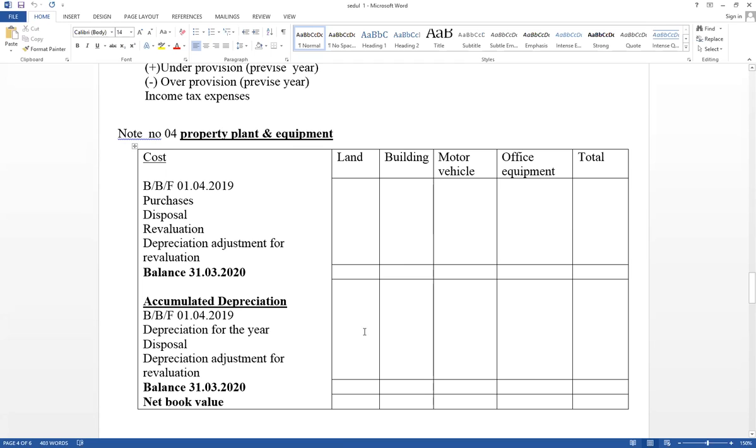Therefore, revaluation, disposal, exchange, straight line basis, reducing balance methods, changes in accounting estimates. Sometimes it has given lifetime change, residual value change, depreciation method change. All the transactions relevant for property, plant, and equipment, you have to disclose in the property, plant, and equipment schedule.